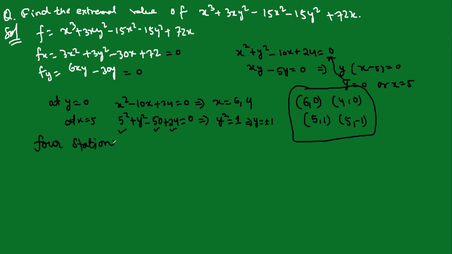And at each point you have to check the condition, right? Now tell at (6, 0) what you are getting.